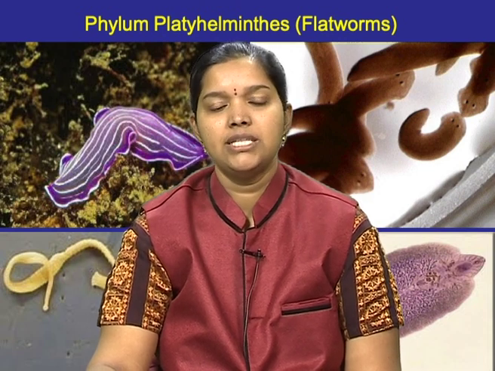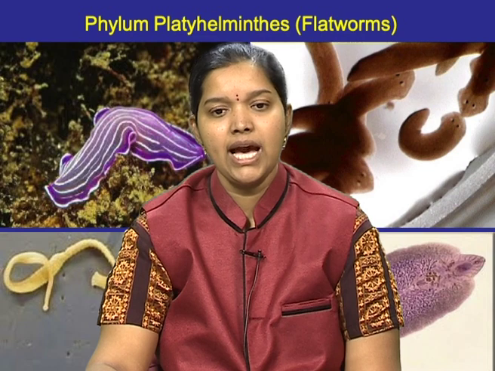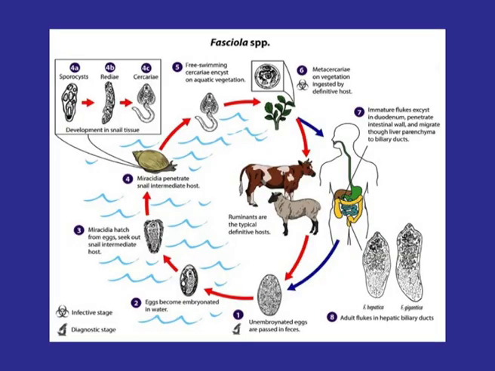Once it enters the host, through the feces, the unembryonated eggs are released again. These unembryonated eggs become embryonated in water after 2 weeks, and then they enter the snail.